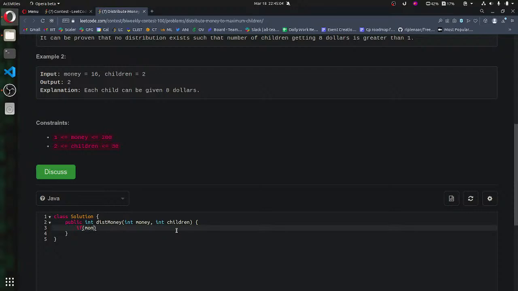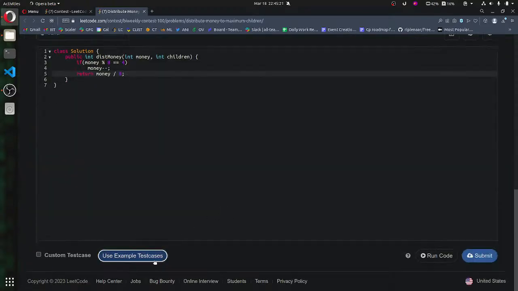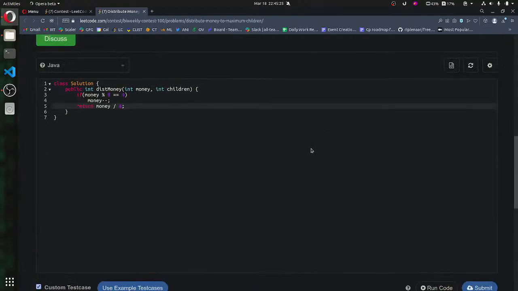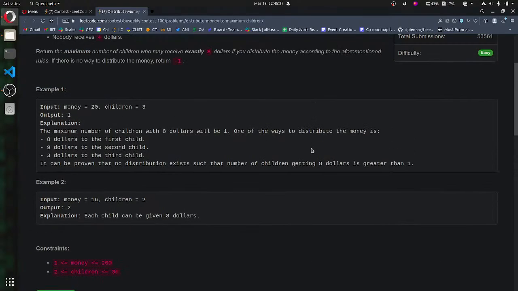Okay, so let's say if money mod 8 is nothing but 4, we can have money minus minus, and we can simply return money divided by 2. So it's 2, 2.